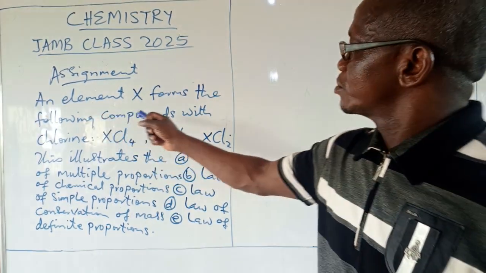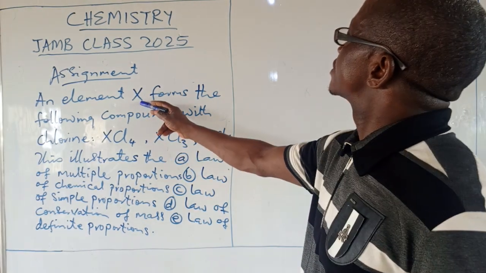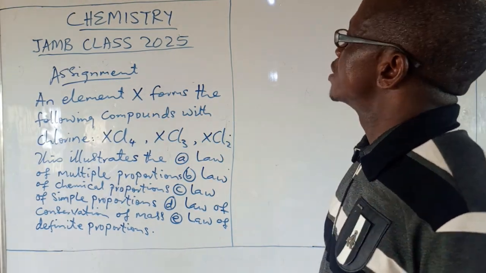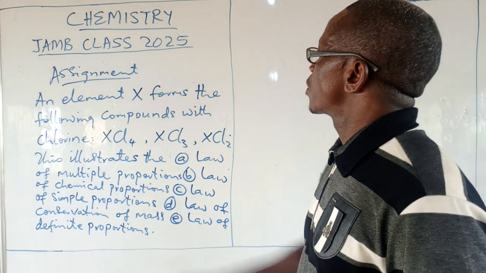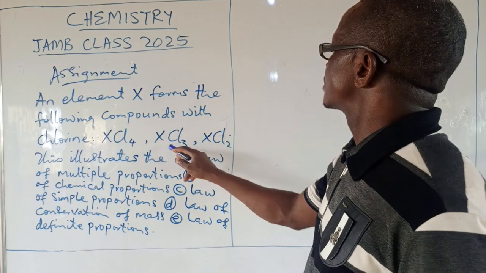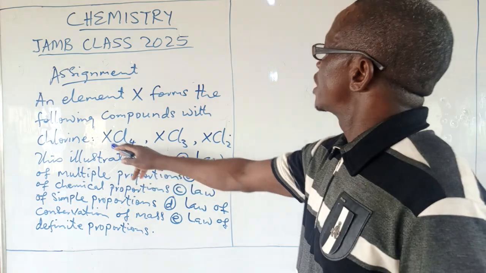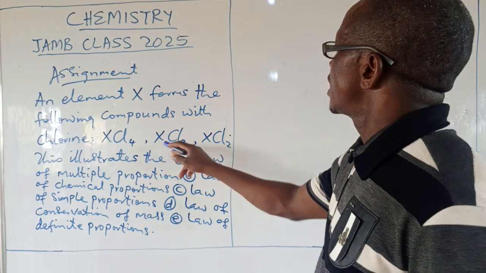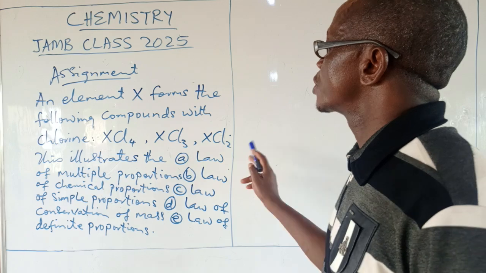The assignment question says: an element X forms the following compounds with chlorine: XCl4, XCl3, XCl2.